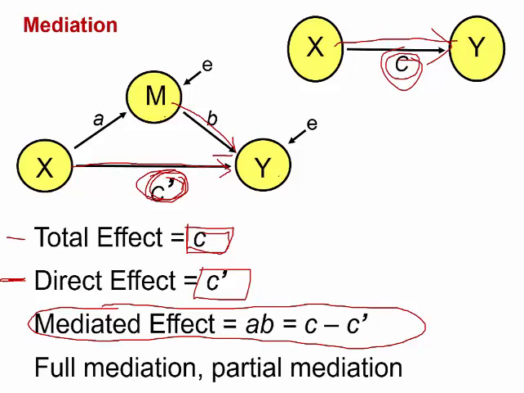For most beta weights, recall that we test significance of a beta weight with a t-test. We take a statistic divided by its standard error, and we get a t-test. A beta divided by its standard error gives us a t-test for a beta, and a t-distribution has a known distribution if the null hypothesis is true, which allows us to determine the probability of our effect under the assumption the null hypothesis is true.